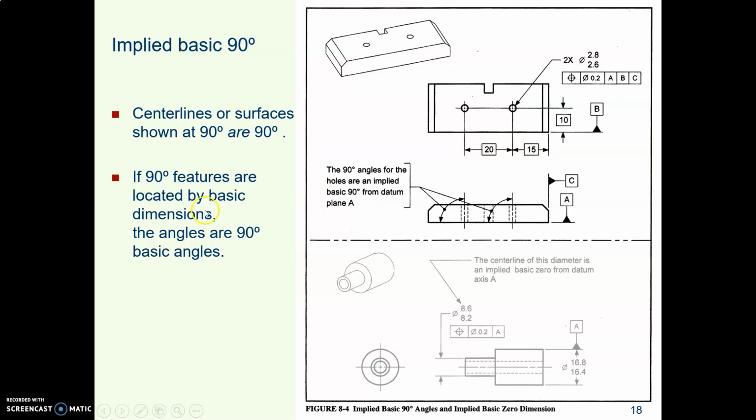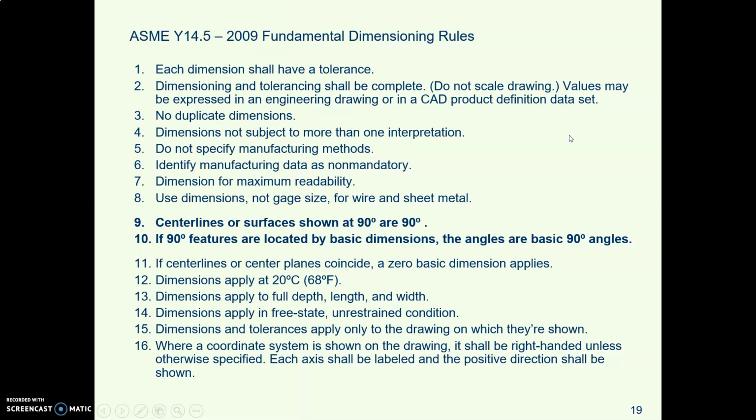Recently, a couple of weeks ago, we looked at the next rule, which said if your features are dimensioned with basic dimensions, those boxes there, then the angles are 90-degree basic dimensions. And here is that rule, Rule 10. If they're located by basic dimensions, the angles are a basic 90.